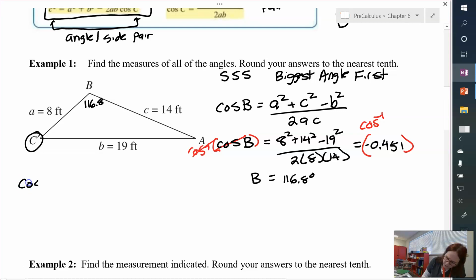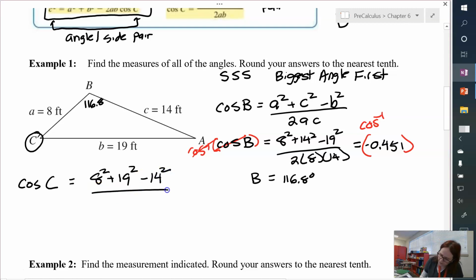So cosine of C this time is going to equal, I take the lengths of the two other sides. So not C, I want A and B. So 8 squared plus 19 squared. Now I subtract my C squared. I'm going to divide that by 2 and again put in those other sides, the 8 and the 19.